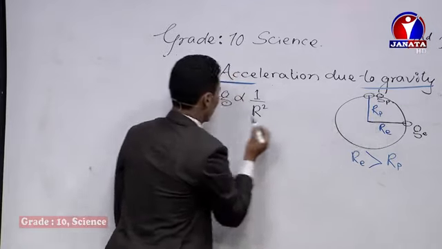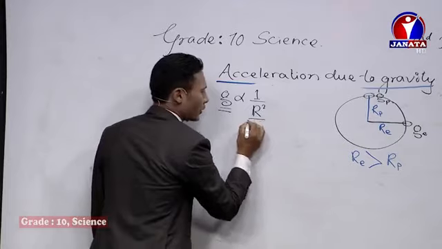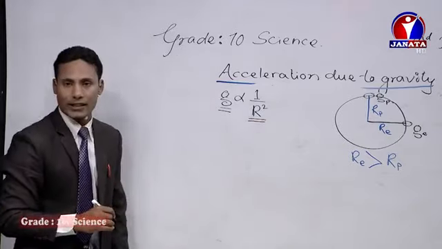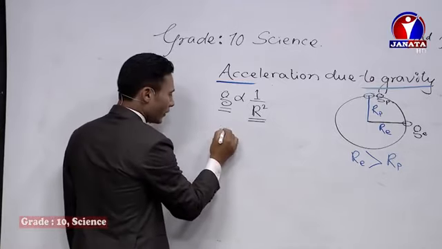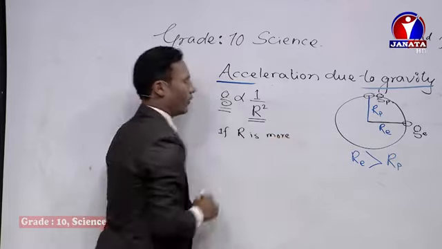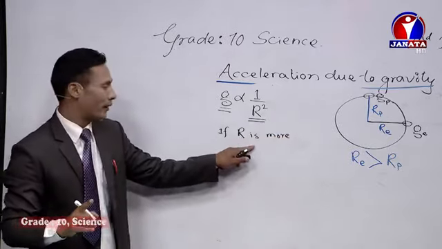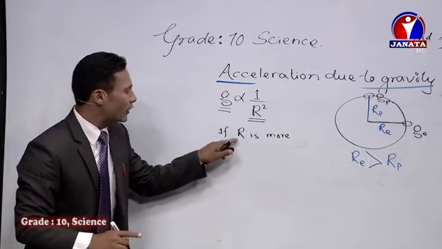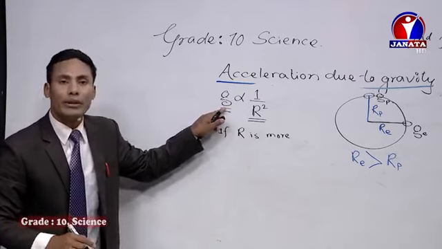Okay, so this acceleration due to gravity is inversely proportional to the square of the radius. That means, inversely proportional means, if the radius is more, then the value of g will be less.